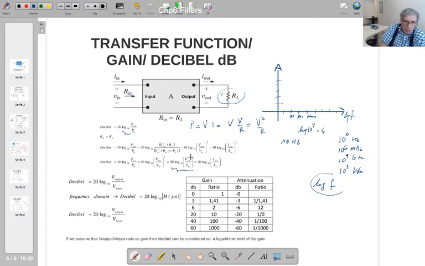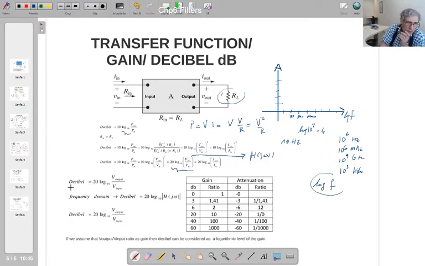So this, the output over input, is the transfer function, isn't it? So the modulus of H(j omega), you can consider that as a gain or the modulus of the transfer function.